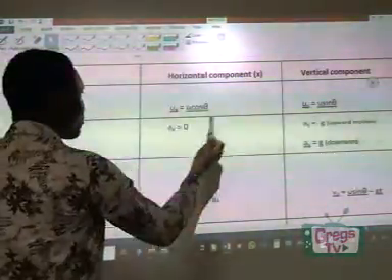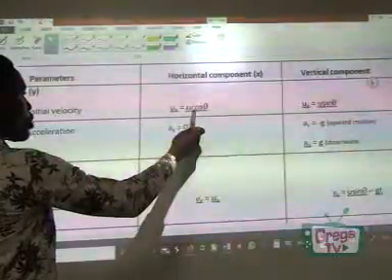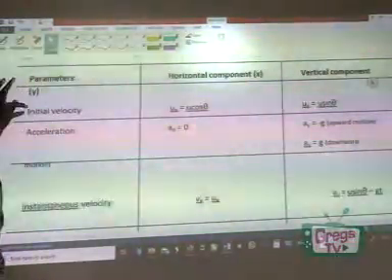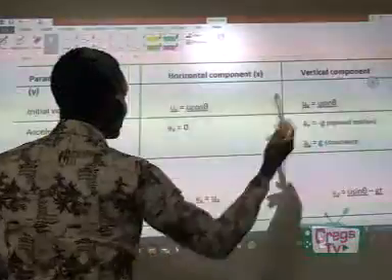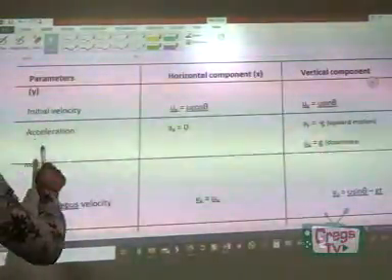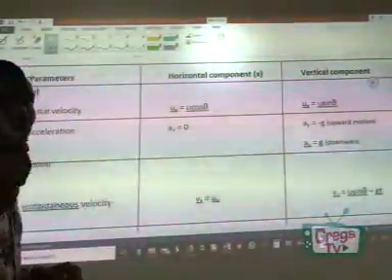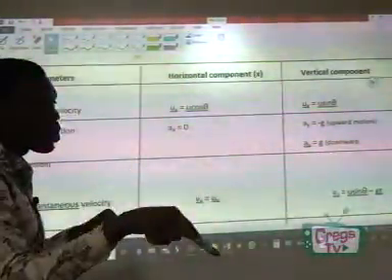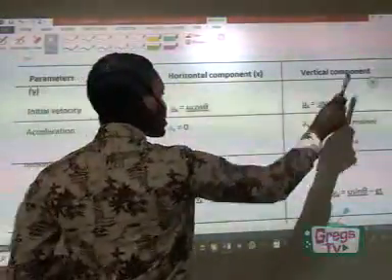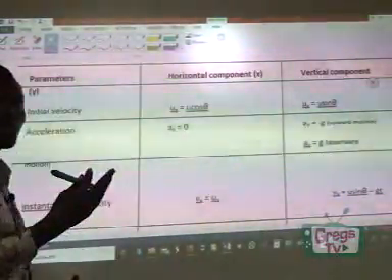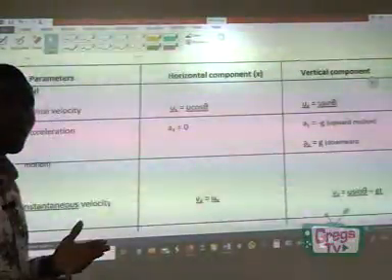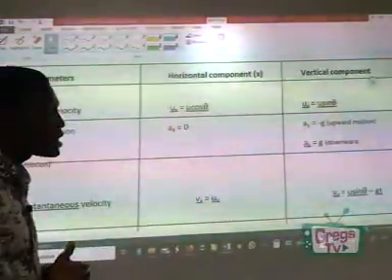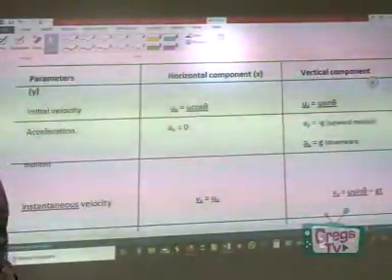For horizontal component, I have my ux to be equal to u cos theta for initial velocity, and for vertical component, I have u sin theta. But for acceleration, the horizontal component, I said is 0. But for the vertical component, when the body is going up, acceleration due to gravity is negative, and when the body is coming down, acceleration due to gravity is positive.